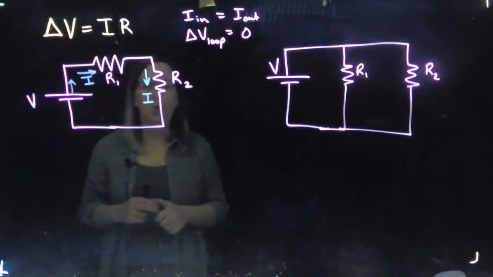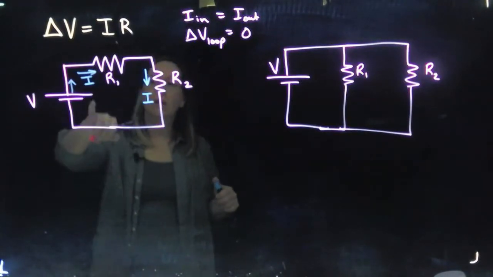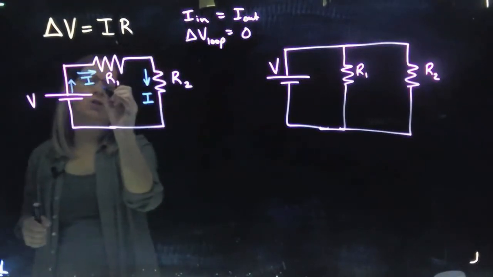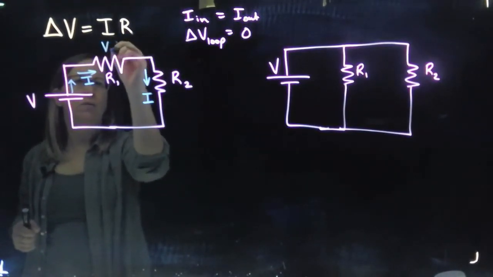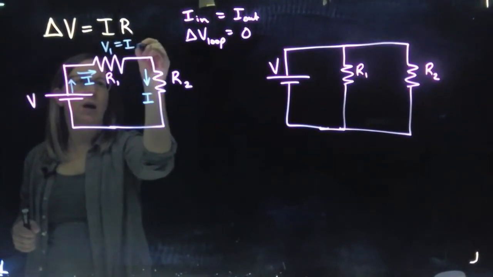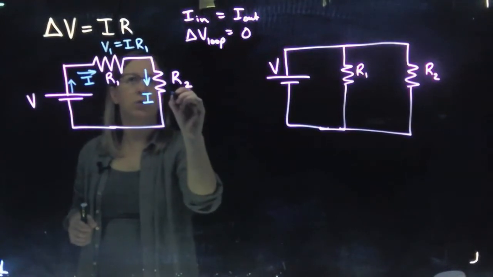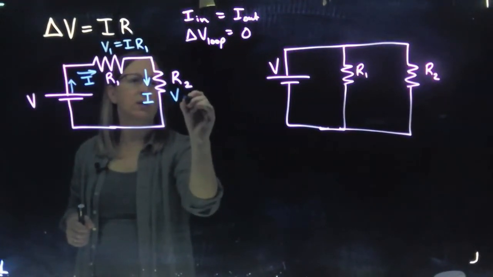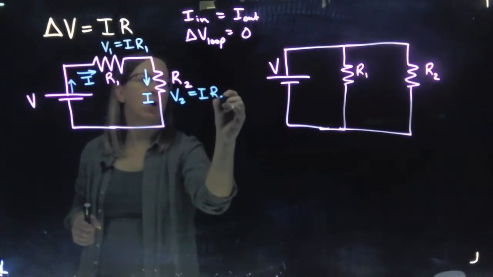So for this total current, the equivalent resistance, we can say the voltage across R1, this voltage right here, V1, is going to be I times R1.